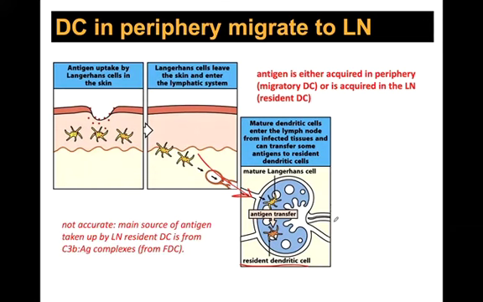Now there's some debate here of what is the form of antigen. And we do know that resident dendritic cells in the lymph node can actually steal antigen from follicular dendritic cells. Like the follicular dendritic cells are holding antigen to activate B cells, but these other sneaky resident dendritic cells can actually go and steal it from the follicular dendritic cells, and they can get antigen that way.